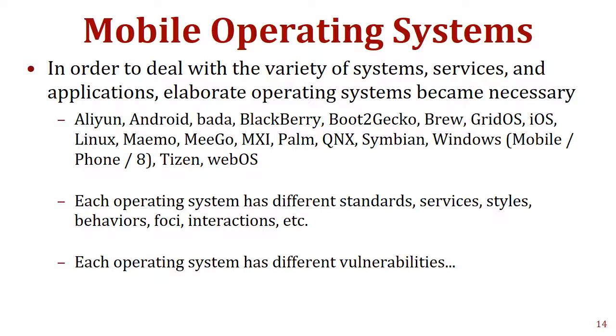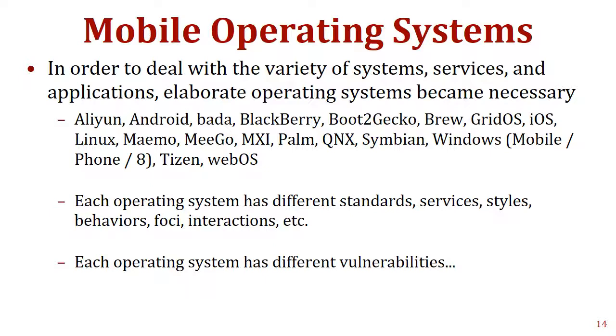There are lots of companies proposing different operating systems. We have probably already lost count of how many mobile operating systems are out there. But in this class, we will only cover the two major ones, which are Android and iOS.